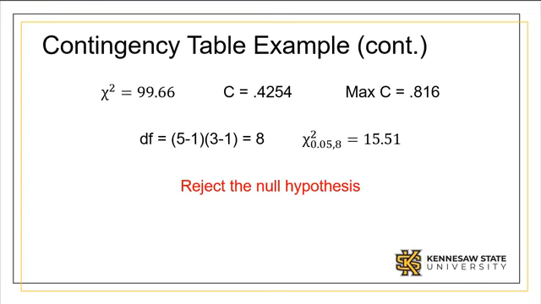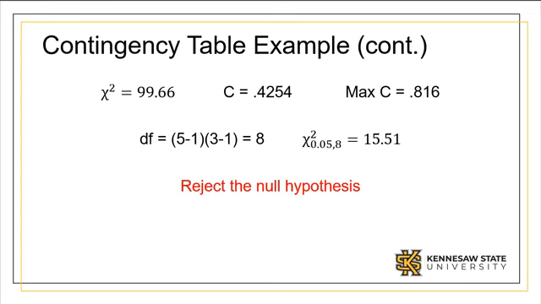Using the same formula defined earlier, calculate the chi-square based on our comparison of observed and expected frequencies. This number is 99.66.